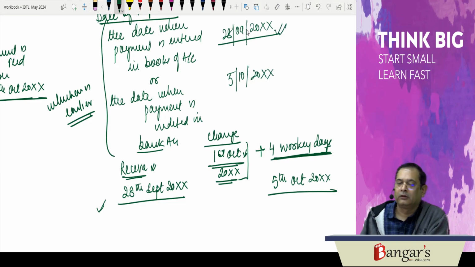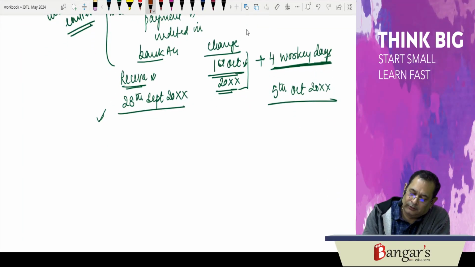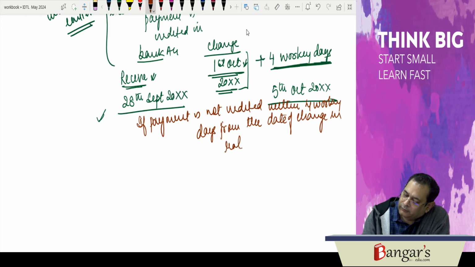But if payment is not credited within 4 working days from the date of change in rate of tax, then what will be the date of payment?